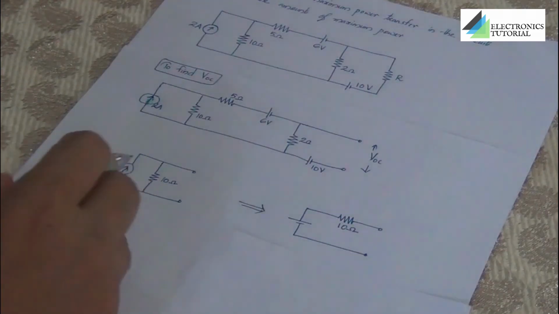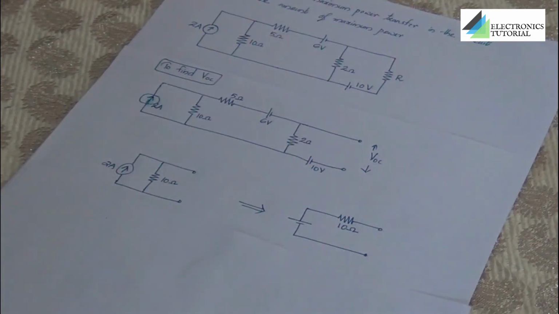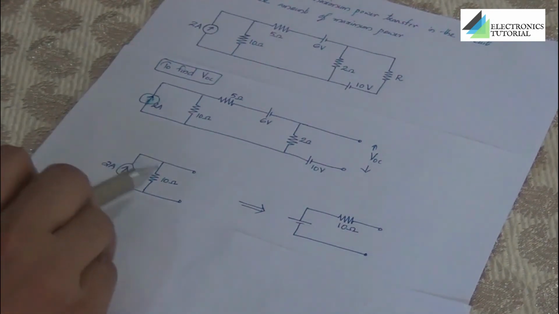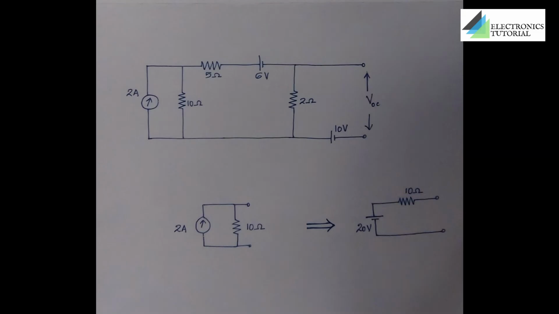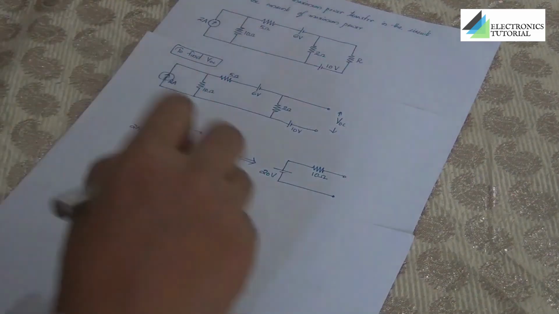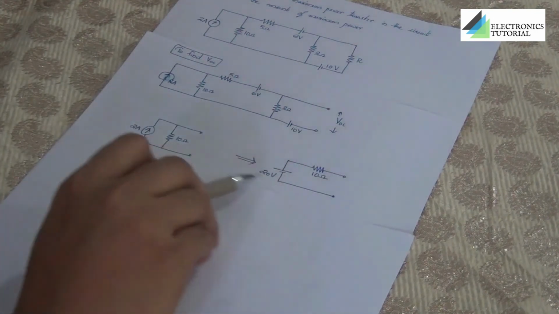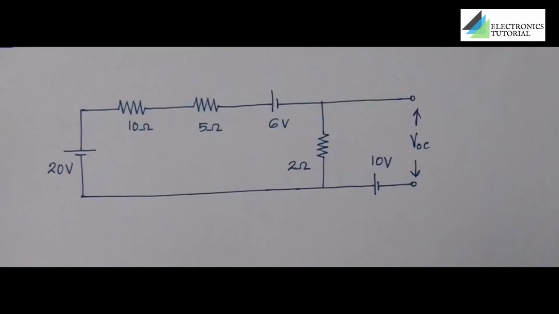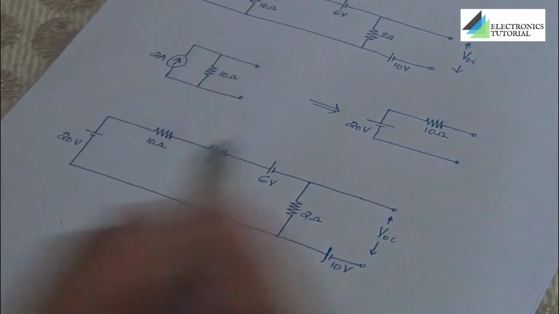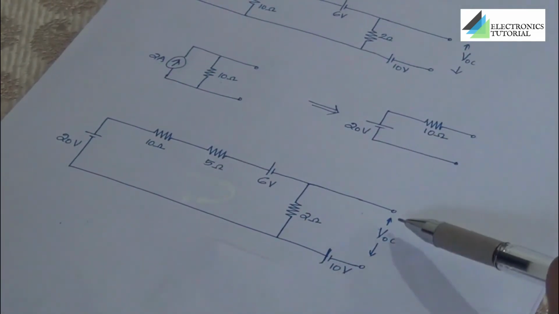By Ohm's law, V is equal to I into R. So we can write the value of this voltage source as 2 ampere into 10 ohm, that is equal to 20 volt. Let's try to redraw the circuit with this 20 volt voltage source. By inserting this section, our network has become simple. We can now try to get the value of VOC.